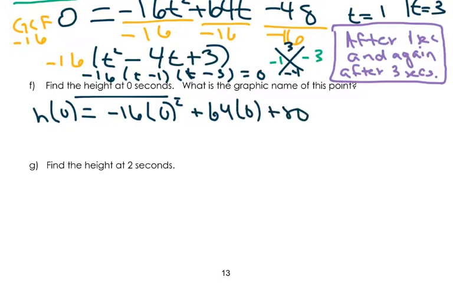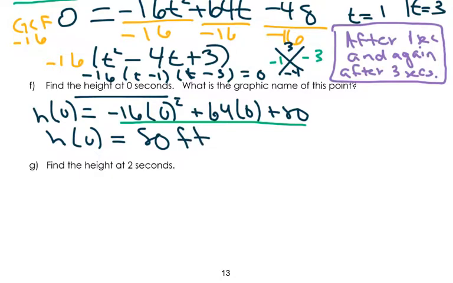Okay, we go back to our original. And here we could say h of 0 equals, now you could put this whole thing into your calculator just like it's written. And then you would have equals 80, and the units here would be feet.